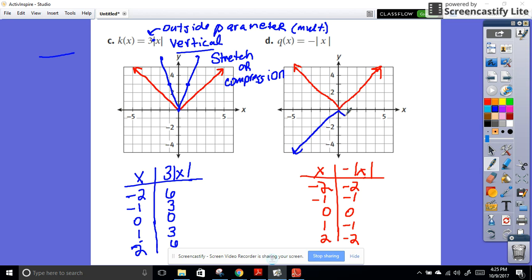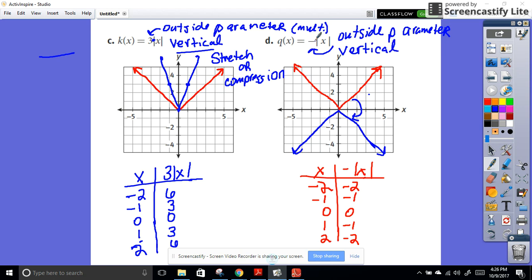So what we call that is, again, this is an outside change. It's an outside parameter. An outside parameter is always going to affect the graph vertically.